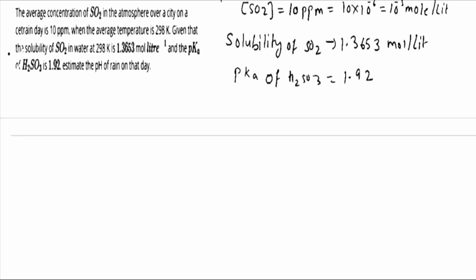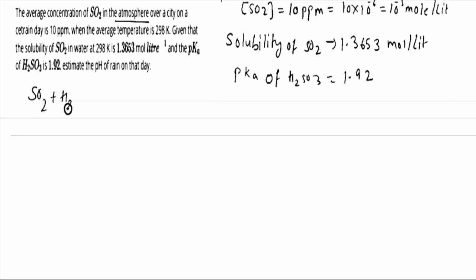Okay, so the SO2 present in the atmosphere will get saturated with the water molecules that are coming in the form of rain. So what will happen?